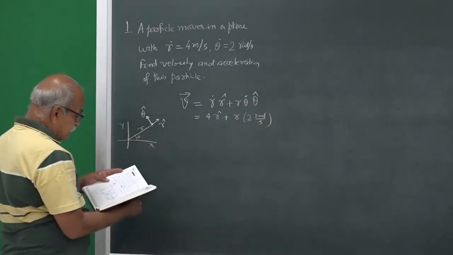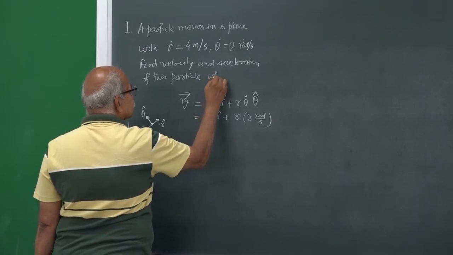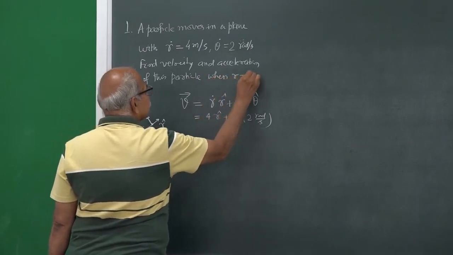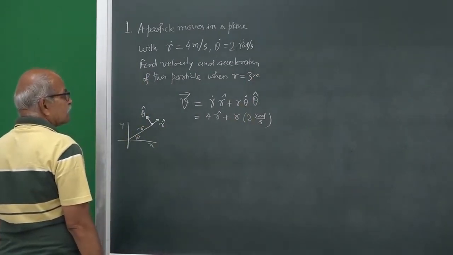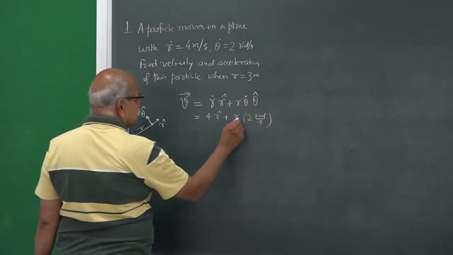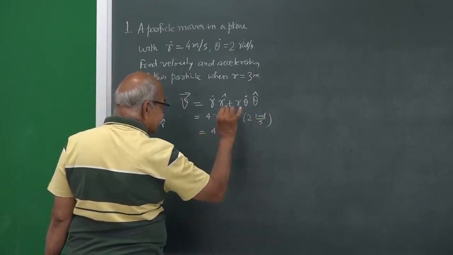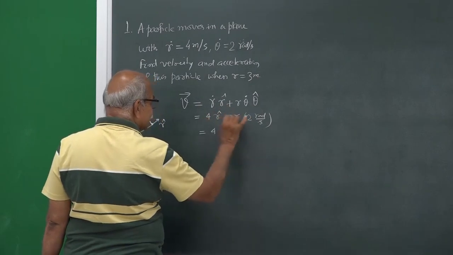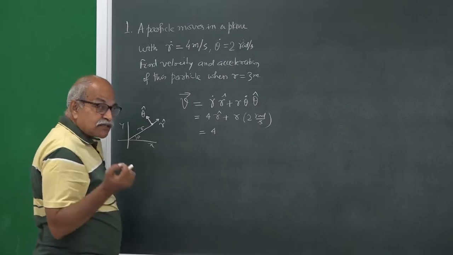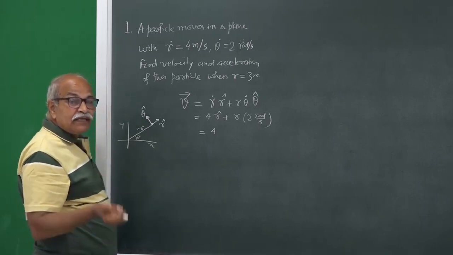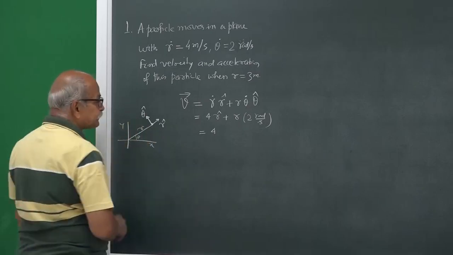When r is 3 meters. That is also in the question: find the velocity and acceleration of this particle when r is 3 meters. So, you can put this 3 here. Remember that I am using only the numerical values here, but the velocity will come out in meter per second because we are feeding all SI data.